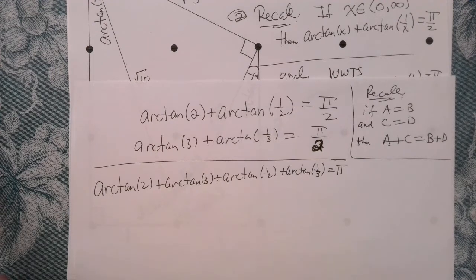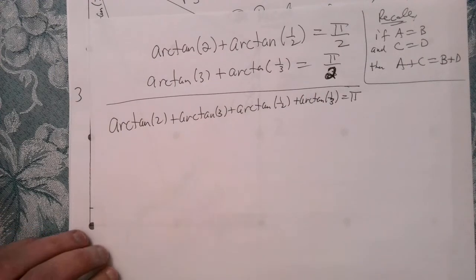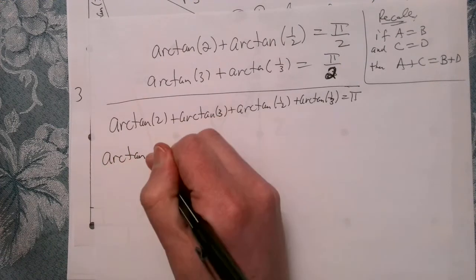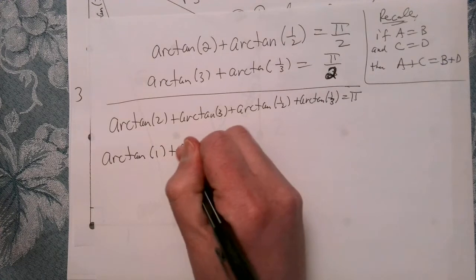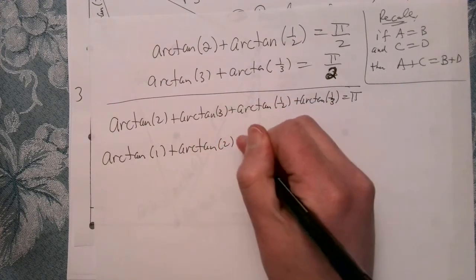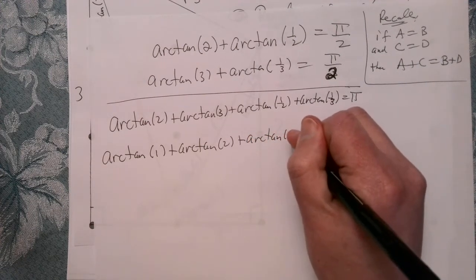Okay, so what can we do now? Let's add the arctan of 1 to both sides. This is not the only way I could do this, but I think by showing all the steps, it makes the process very clear, and that's my goal.